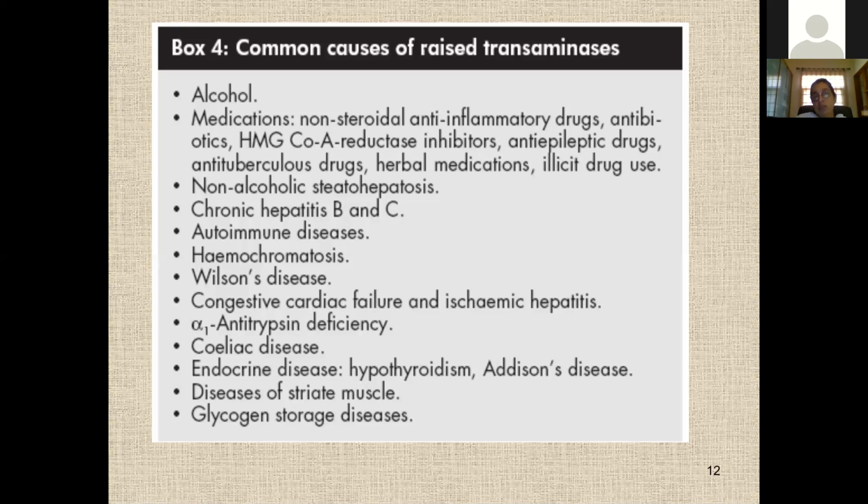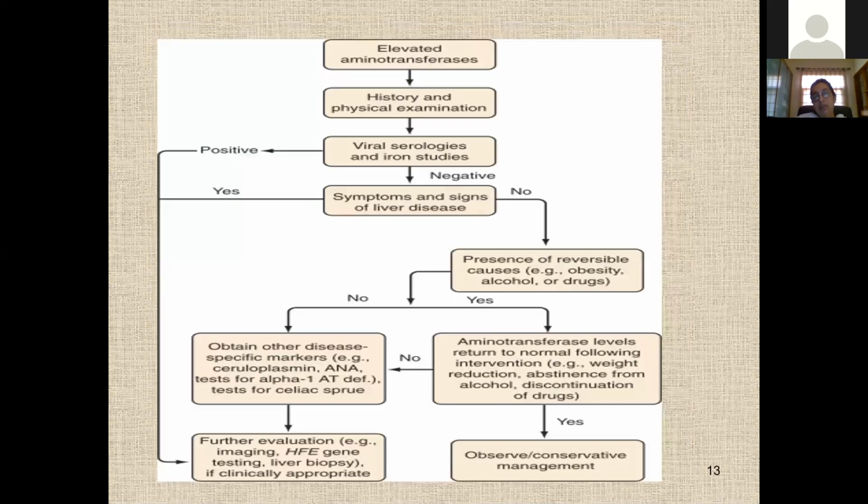So when you encounter a patient with elevated liver enzymes, history and examination is important, and then you have to first screen these patients with viral serology because this is the most common cause in this part of the world. Then according to symptoms and signs of liver disease, you have to do further evaluation of these patients. And if you think that the patient has a genetic disease like hemochromatosis or Wilson's disease, then you have to do workup by doing specific tests, and sometimes liver biopsy is also indicated.